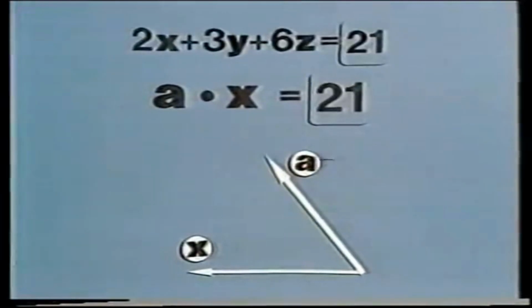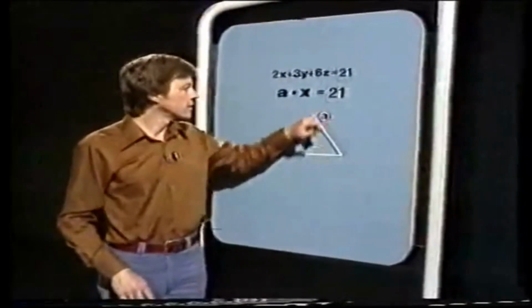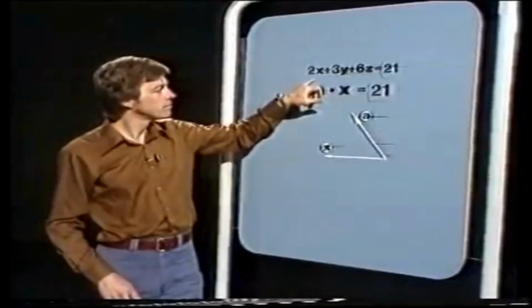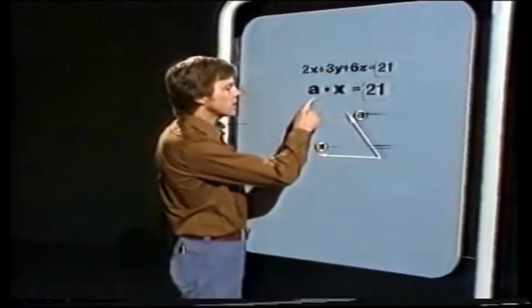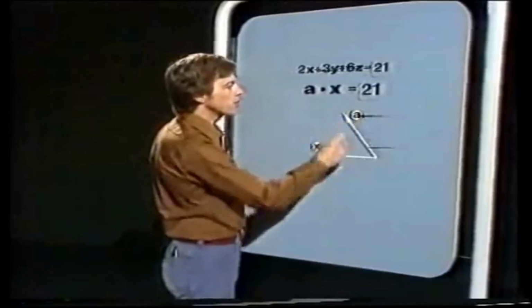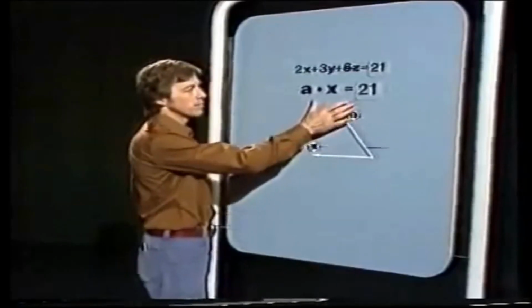We didn't have a right-hand side equal to 0. If you remember, we had a right-hand side that was equal to 21. This was our original equation. That means that the vector form of the equation takes this form, a dot x equal 21. And what we've got to do is to use our information about the homogeneous case to tackle this one.